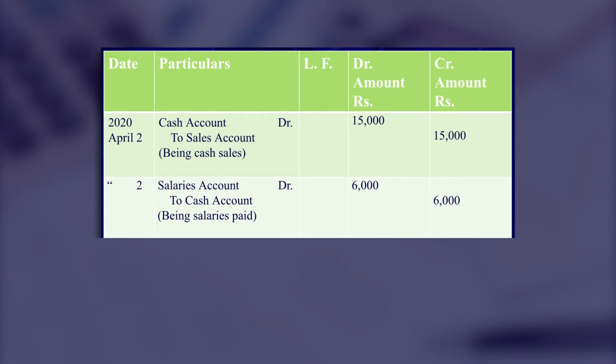And salary being an expense for the business, we will apply the rule of the nominal accounts, because in nominal accounts, accounts of expenses, revenue, losses and gains take place. So, the two accounts affected are salaries account and cash account.